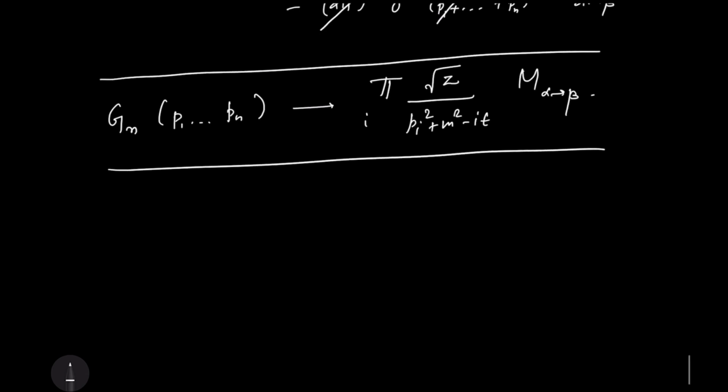Okay, so you can see that these are propagators for the external legs, right, and this is the transition amplitude.